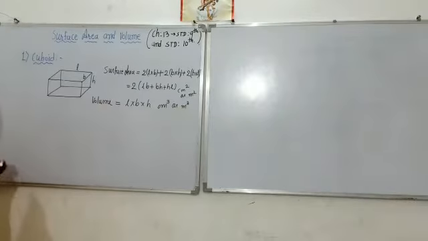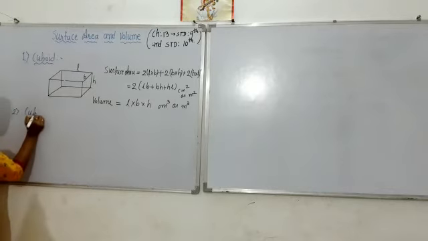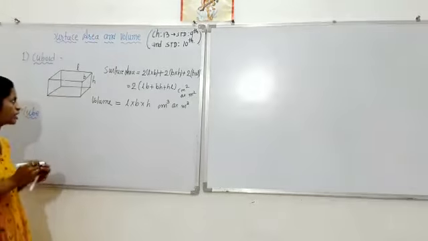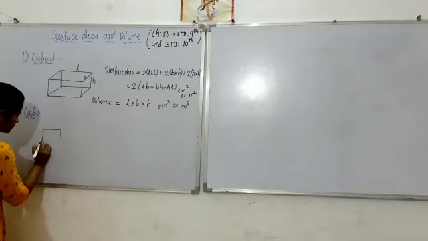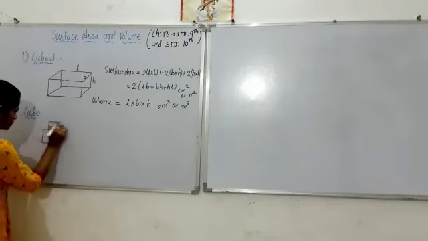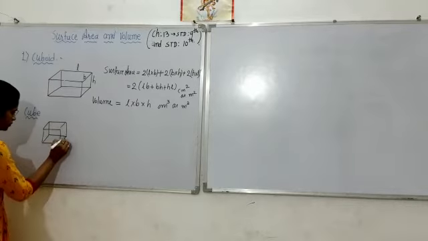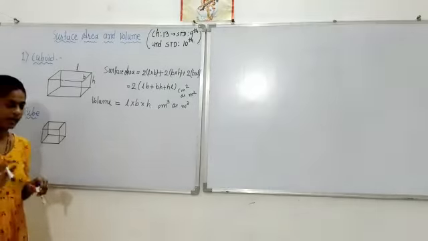Now the second figure is the cube. A cube is obtained from a square, so its figure looks like this. So its length, breadth and height are equal.